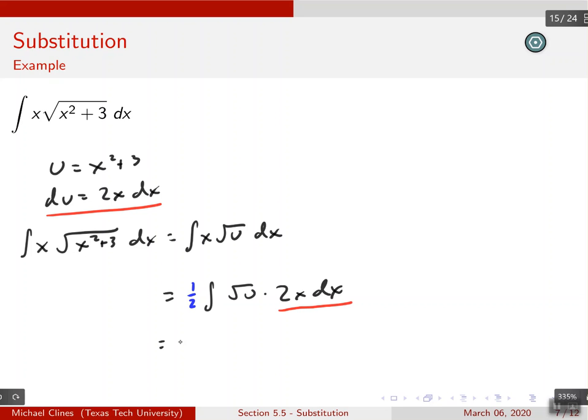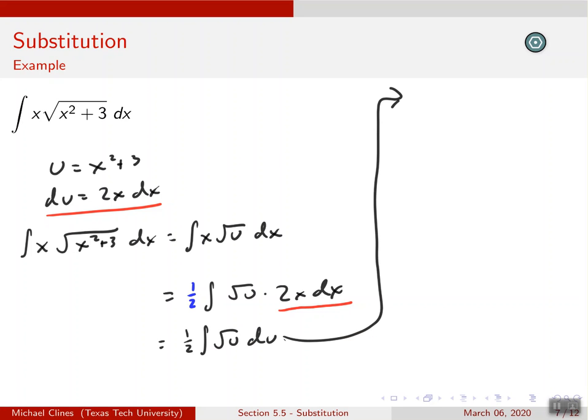Now we can continue on with our substitution and get 1/2 times the integral of square root of u times du. Now, this is starting to look like something that we can handle. So let's go up here for a little bit more room. Now, it's just a straight integration of the square root of u. Now, the square root of u, well, we can just write that as u to the 1/2.